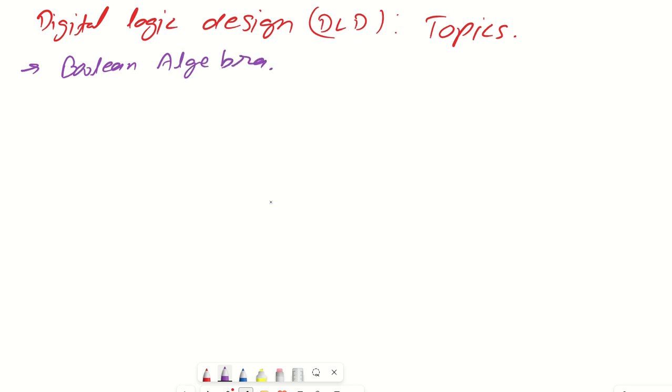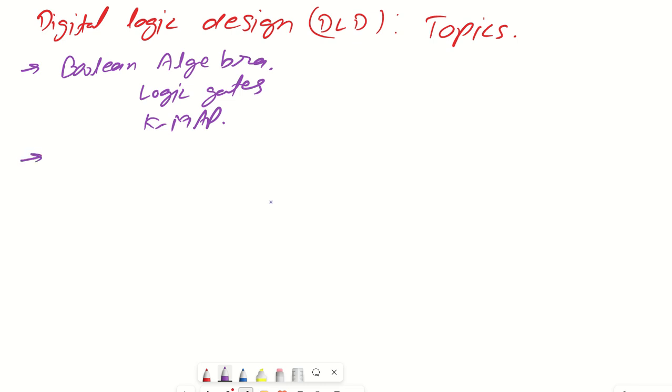In that also we will try to understand the different logic gates, like OR gate, AND gate, NAND gate, NOT gate. So many gates are there, so we'll try to understand all of them. Then we'll also understand K-map. By using that we'll try to reduce the functionalities.